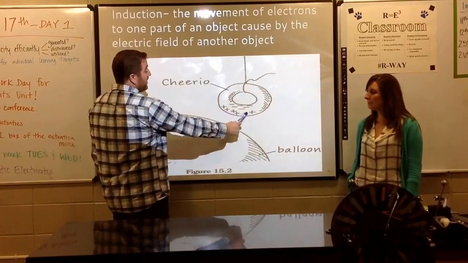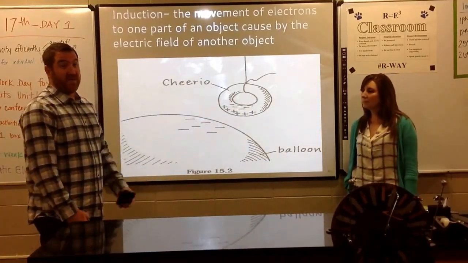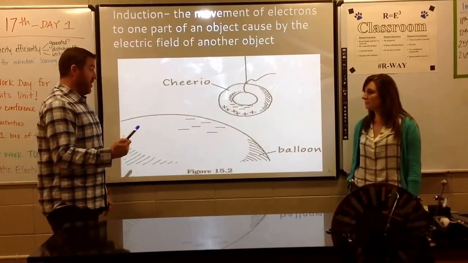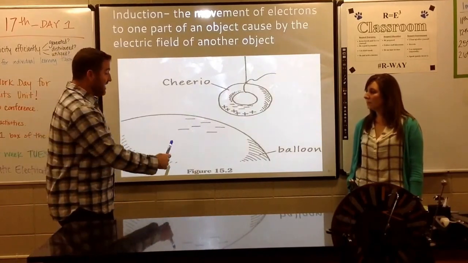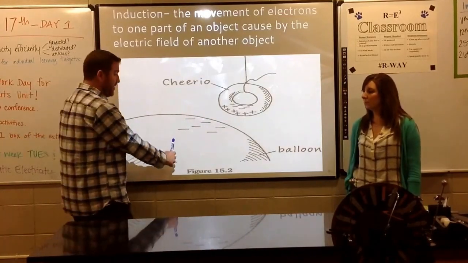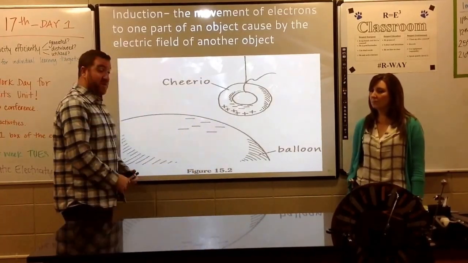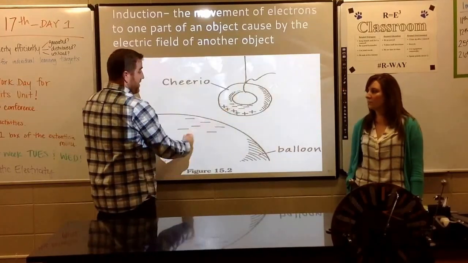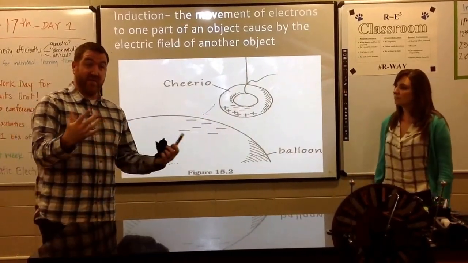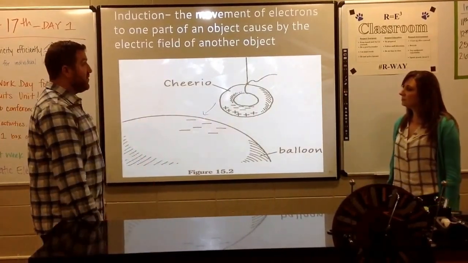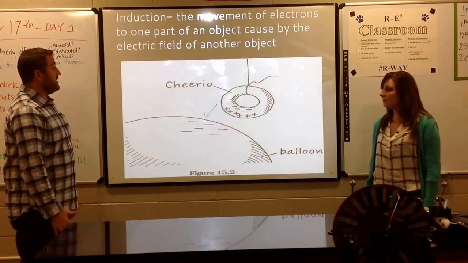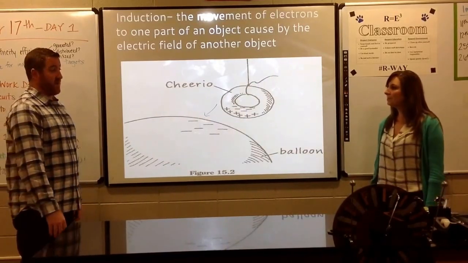So if we add up the pluses and the minuses, the protons and the electrons, they're going to equal one another. Now, if we move that neutrally charged object near the negatively charged one, we can get those electrons on the balloon to gather in one spot, which will draw this Cheerio closer to it, or actually attract it in there because of the difference in charge. So again, induction is the movement of electrons by one part of an object caused by the electric field of another object.